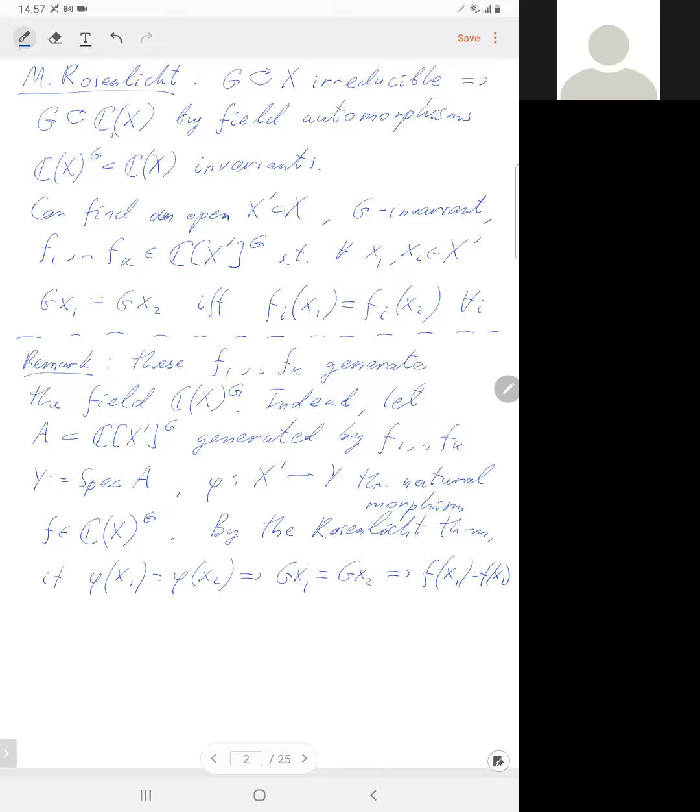So here x1 and x2 lie in X prime and the domain of function f. Okay, and so by lemma 1, we conclude that f lies in the fraction field of A. Okay, so now let's try to prove this theorem of Rosenlicht, and the proof will be rather long.